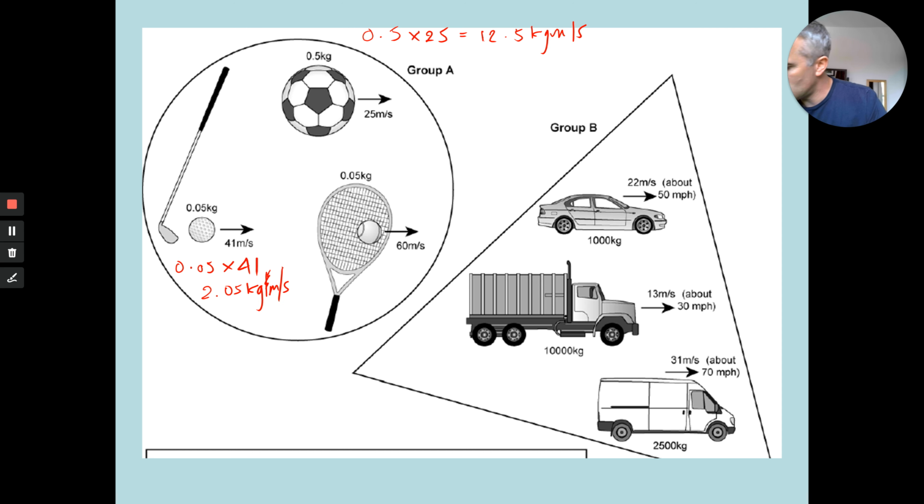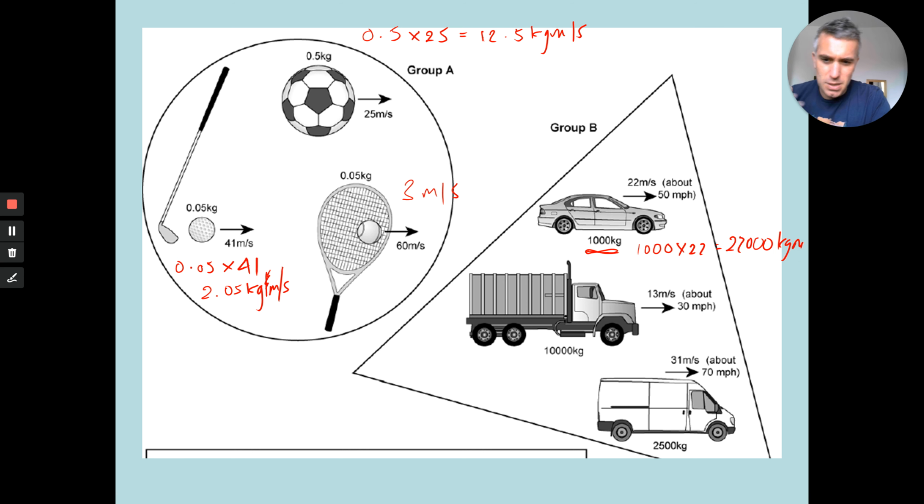Same mass, going a bit faster, times 63 meters per second. Let's do this one. It weighs about 1,000 kilos, going at 22 meters per second. 1,000 times 22 is 22,000 kilogram meters per second.